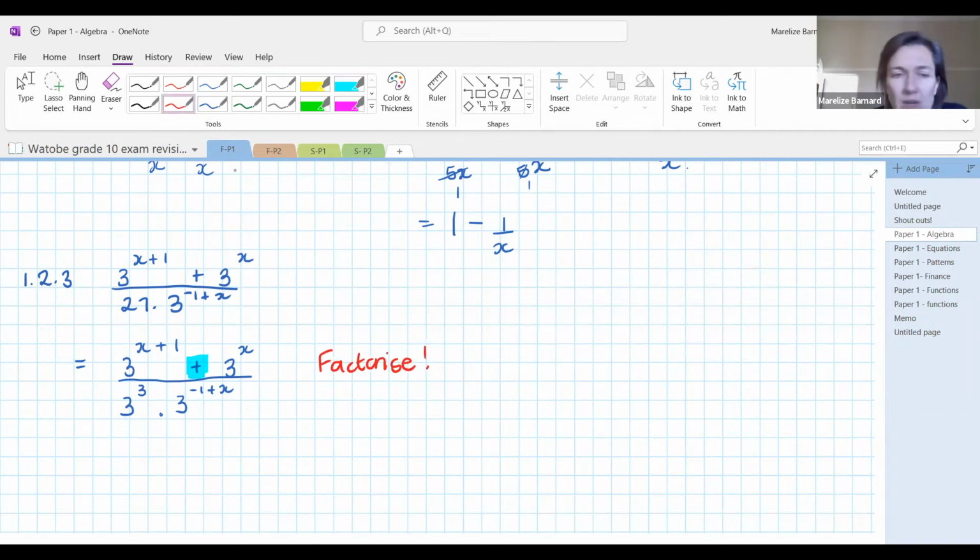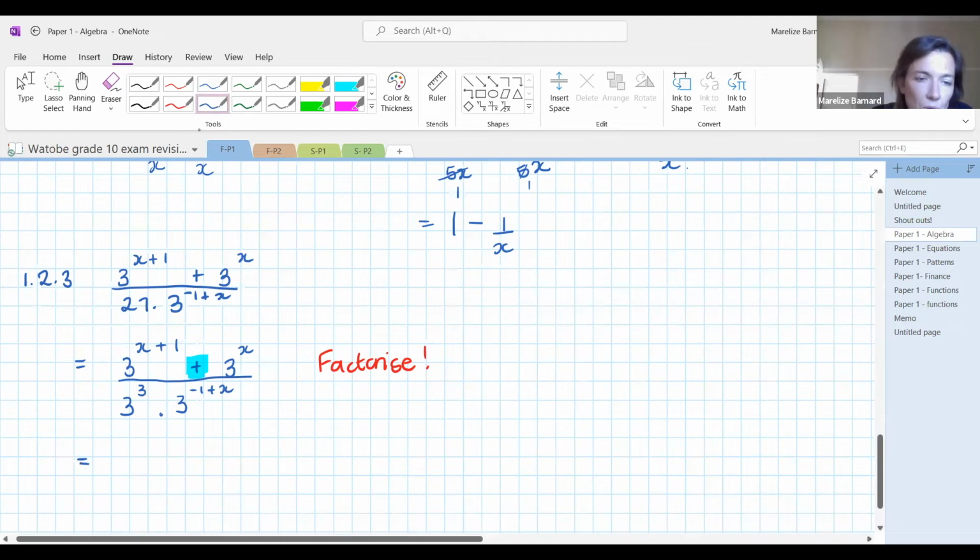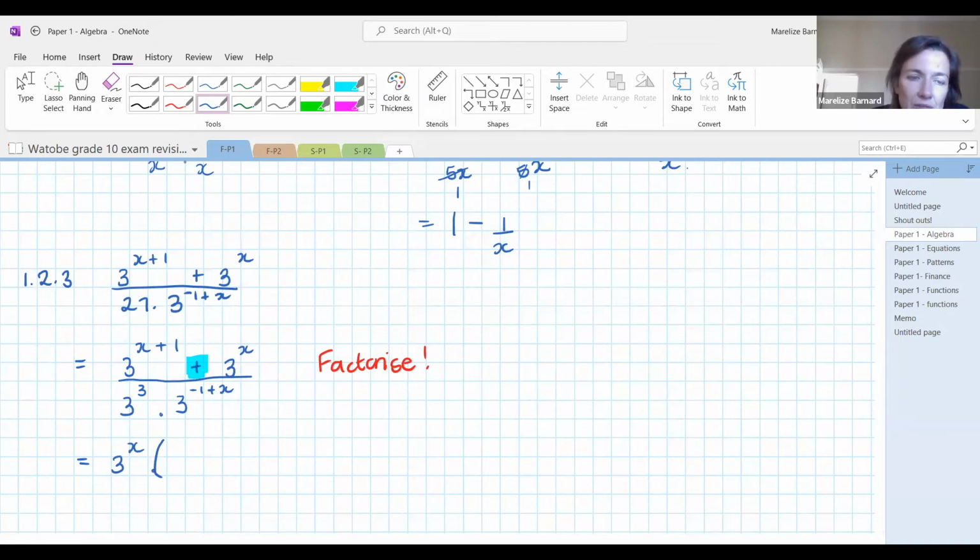Between these two terms, 3 to the x plus 1 and 3 to the x, we can take out 3 to the x. Let me make a bracket. If I take 3 to the x out of the first term as a common factor, I'm left with 3 to the 1, and here I'm left with a plus 1.